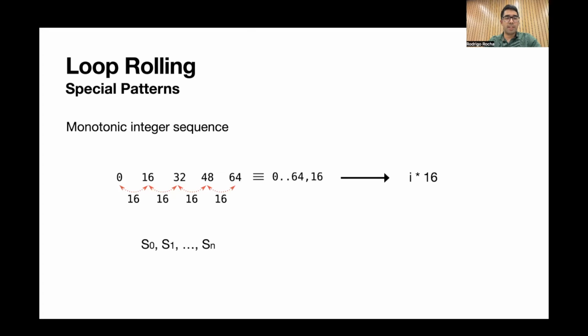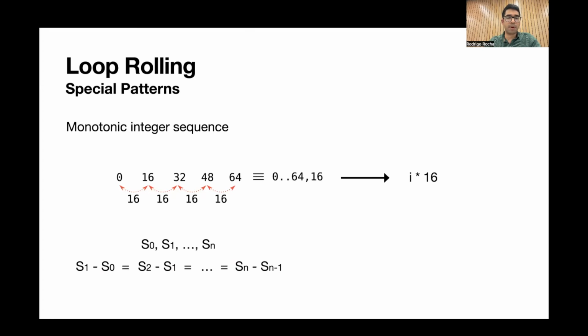In the general case, we'll have a sequence, for example, this one that starts with S0, then we have S1 up to Sn. The only restriction that we have is that this sequence must have the same difference between adjacent values. So S1 minus S0 must be the same as S2 minus S1 and so on.